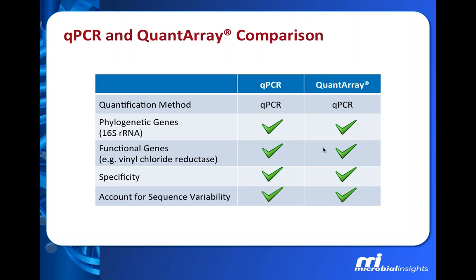The primers and probes are designed to be conserved but unique to that target gene. If they're designed well, and that's a key point, our assays have to be designed well, then they're specific to the target gene, meaning they only anneal and amplify the gene we're interested in, but they can still account for sequence variability, the natural variations in that same functional gene that happen in nature.